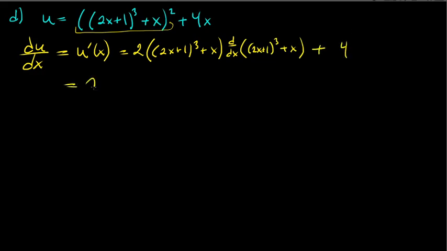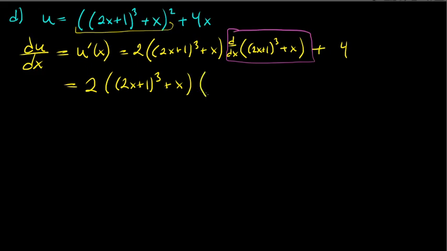So now we still have 2 times 2x plus 1 cubed plus x to the 1. And now what's the derivative of all this? Again, sum rule here. So the derivative of the first is 3 times 2x plus 1 squared. And then by the chain rule again, the derivative of 2x plus 1 is 2.